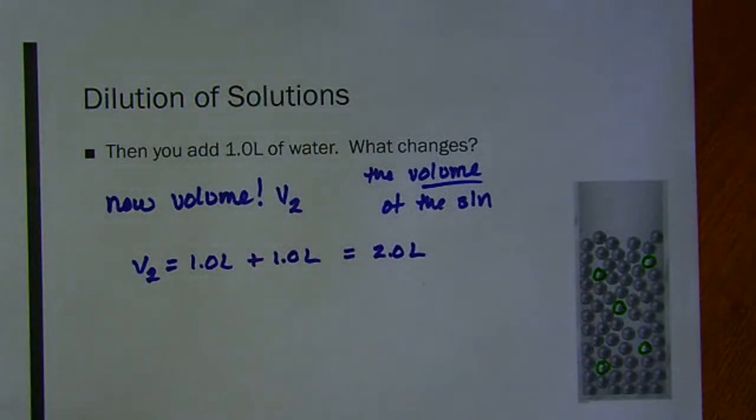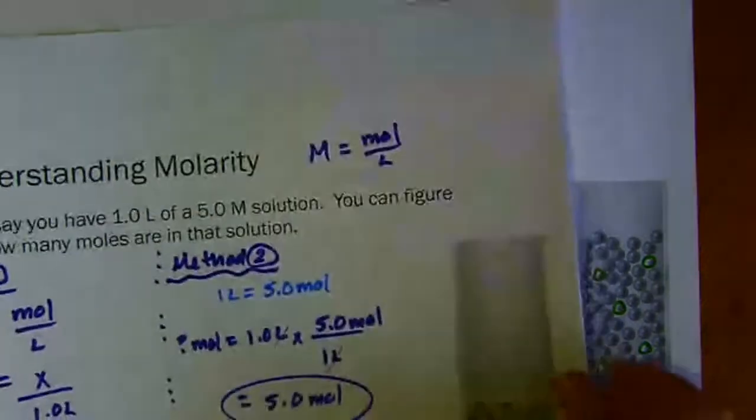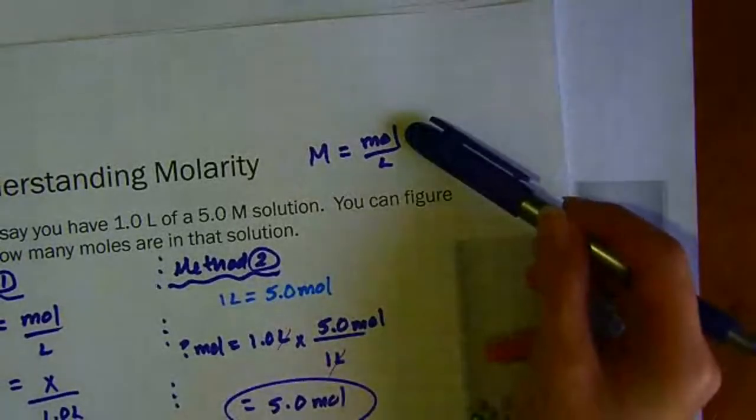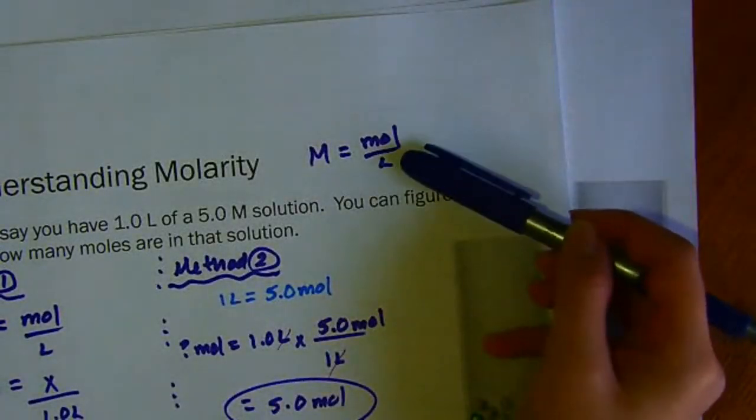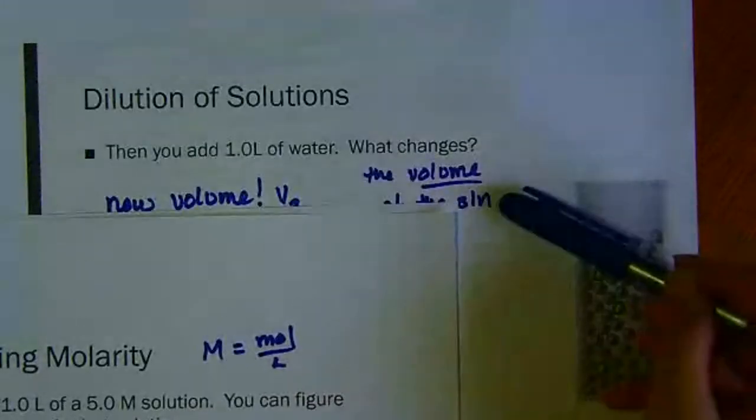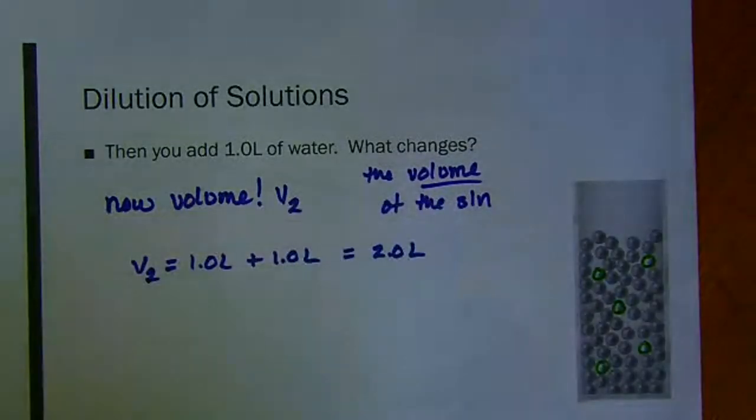So now we have a new volume. Well, if our volume changed, so is our concentration. Our concentration is always going to be amount of solute per volume of solution. And since our volume has changed, so is our concentration.